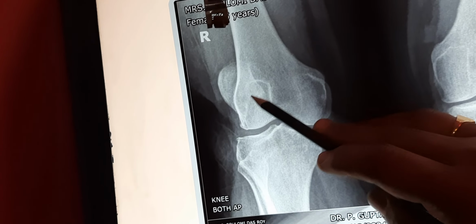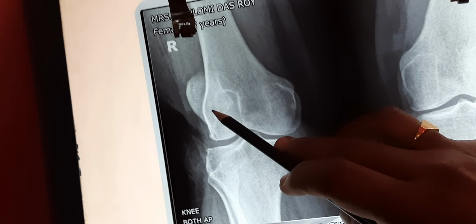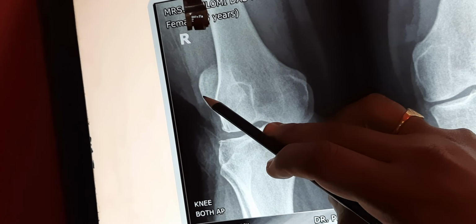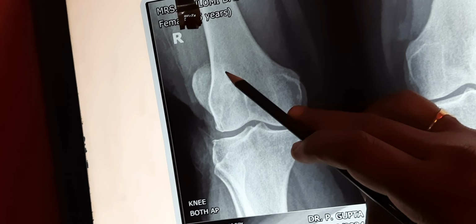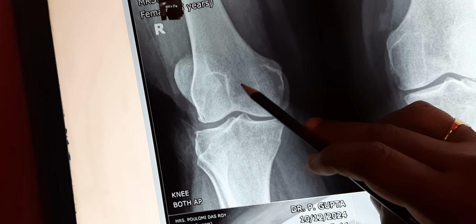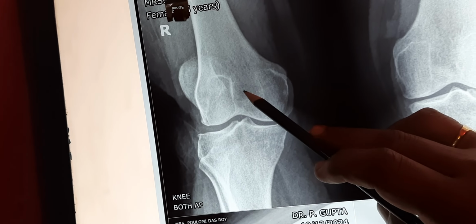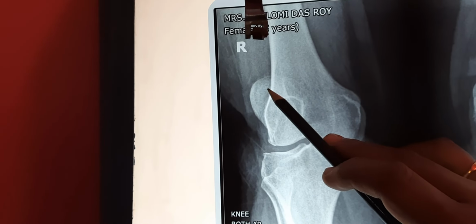Normally this is the femoral condyle as seen from the posterior aspect. These are the femoral condyles, and we can see a shadow of the patella over here. Normally the patella needs to sit in between the intercondylar groove, but as per this X-ray, the patella is maltracked.